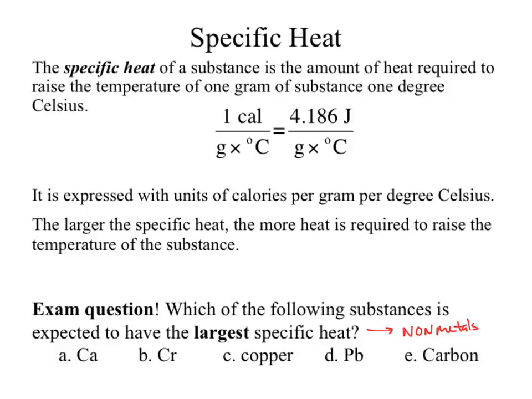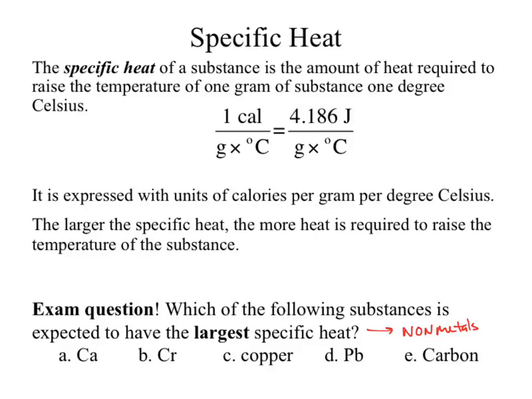Well, where's calcium? The left side, so that doesn't work. I can eliminate that. Chromium? Somewhere in the middle, but not our upper right, and we got that staircase to help us out. Ooh, copper. We can kind of cheat and just call it a metal, but let's use the periodic table. We'd have to know the symbol for copper.